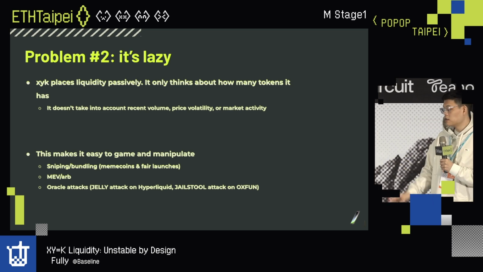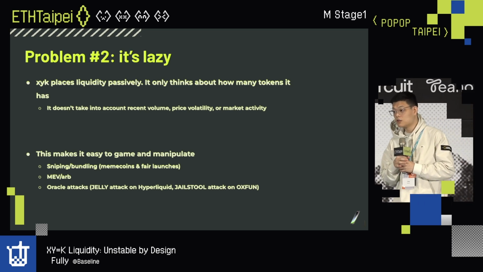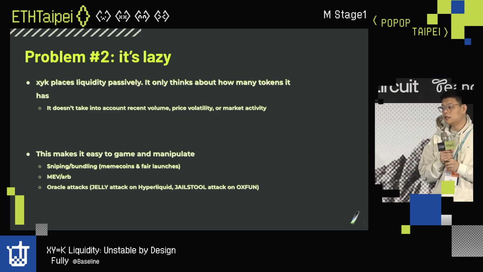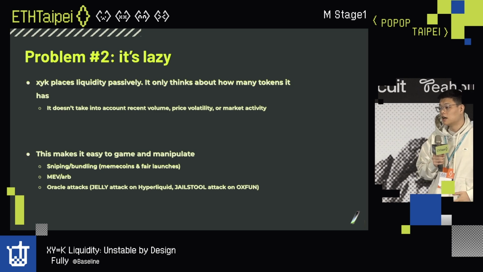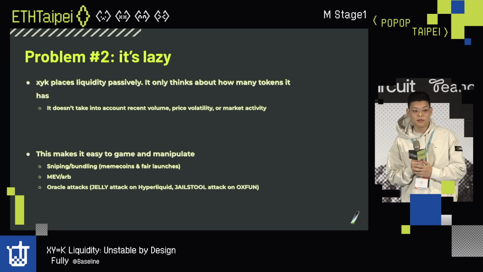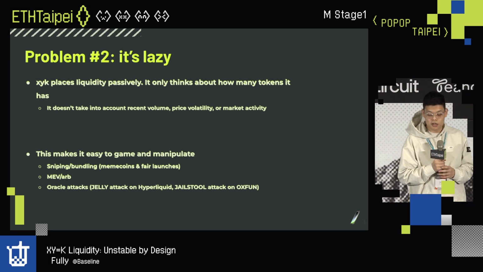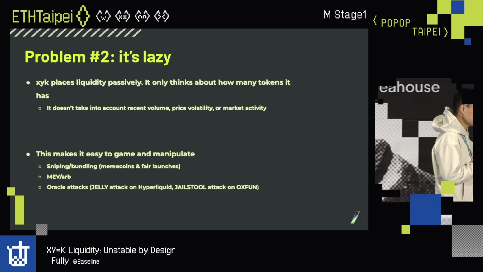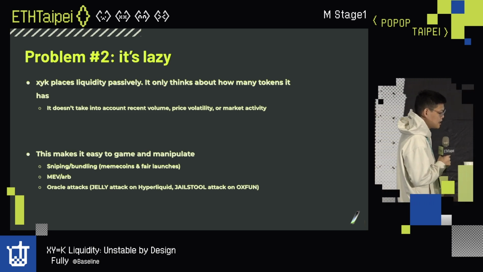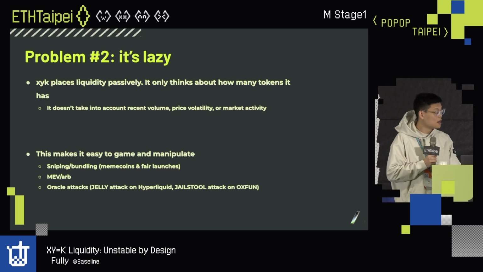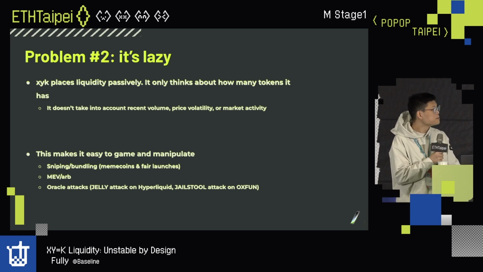Recently, if you trade, you saw Hyperliquid had to delist a token called Jelly Jelly. It's traded on an XYK curve. It's a very thin curve. And so they're able to do some price manipulation on that. So even some of the best projects can't really avoid the issues that this curve presents.